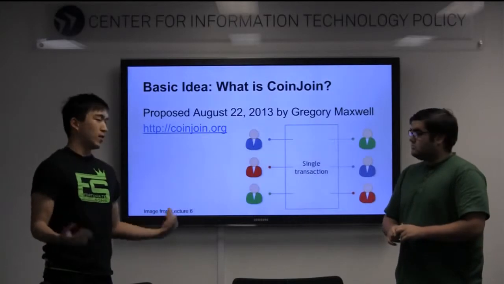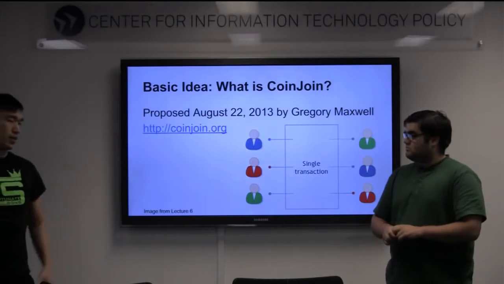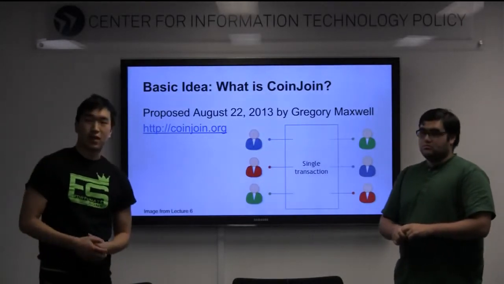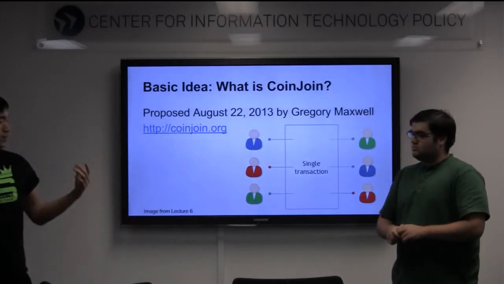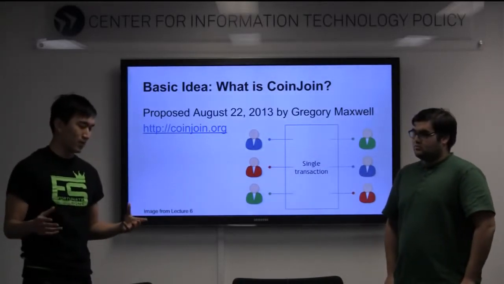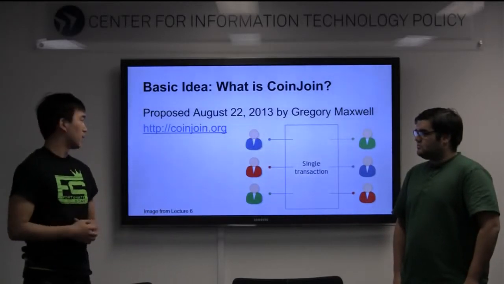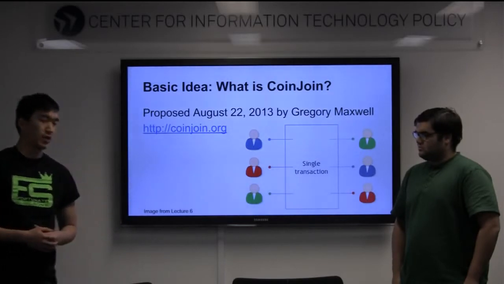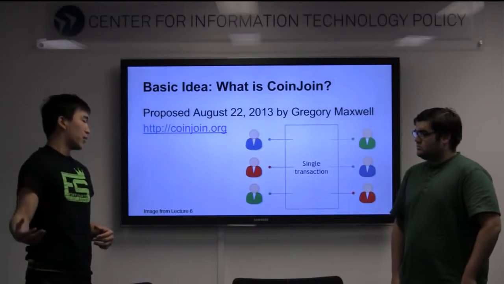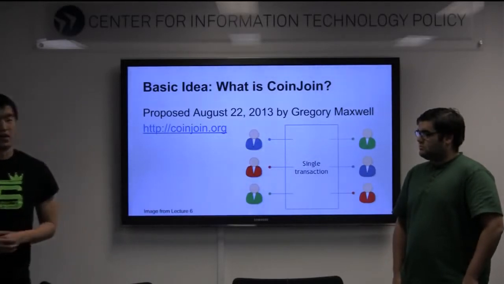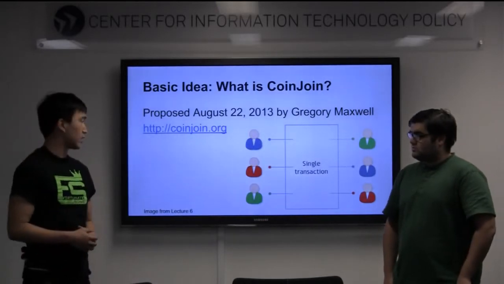In Bitcoin, as you know, there are multiple inputs and then multiple outputs and possibly a change output for every single transaction. So CoinJoin tries to implement a system where multiple users get together and participate in a single transaction, signing independently of each other, and receive an output, a set output that they decided upon earlier, a fixed size output of the Bitcoins that they put into the transaction.